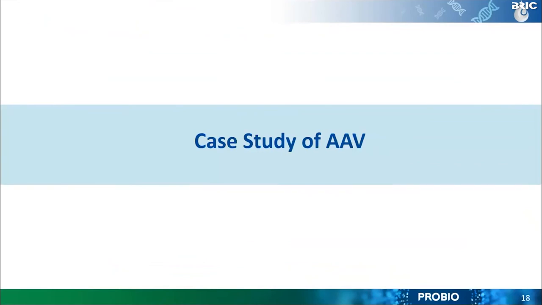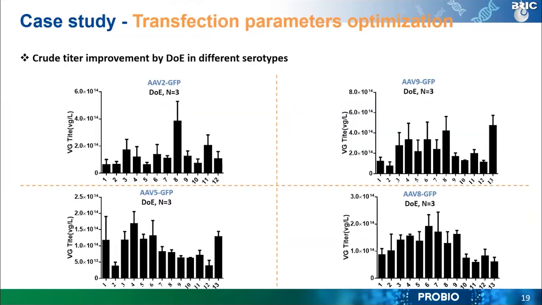Now, I want to share some actual cases about what we have done to optimize our AAV manufacturing process. Here we optimize the transfection parameters during upstream process. The 3 packaging plasmids were mixed with the transfection reagent.